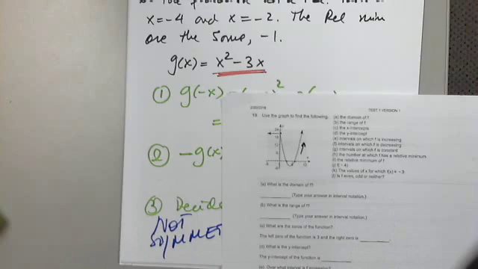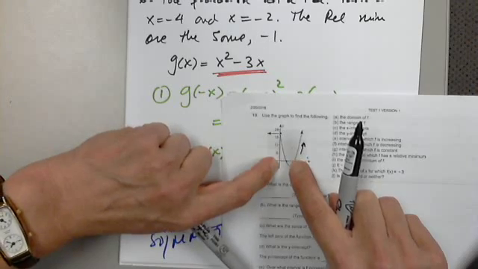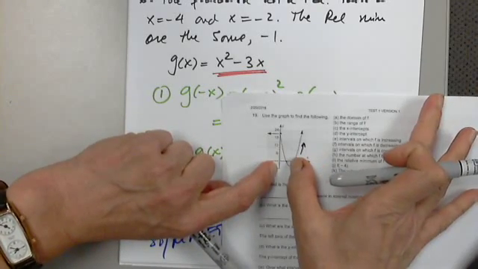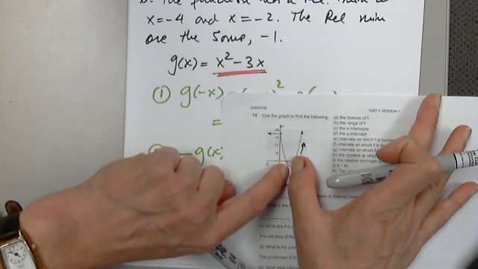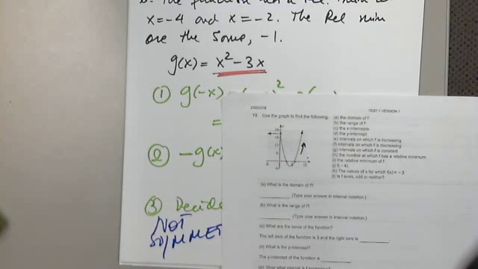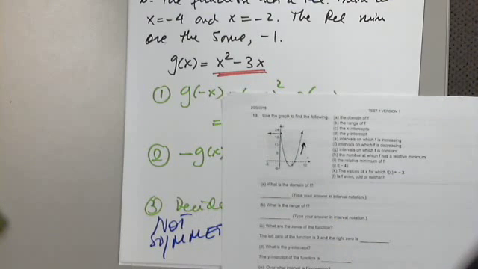Intervals on which f is decreasing. From x equals 0 till x equals 5. So between x equals 0 and x equals 5, the trend is decreasing. Is that okay? And where is the function constant? From negative infinity to 0. Do we all agree with these three?